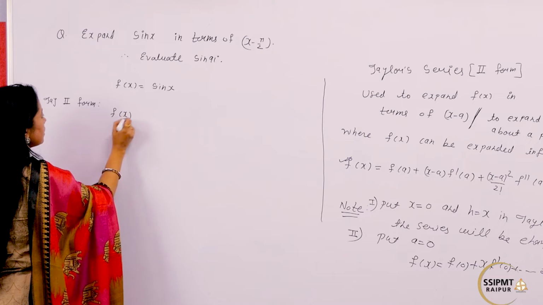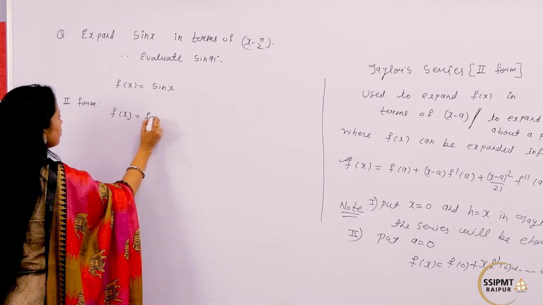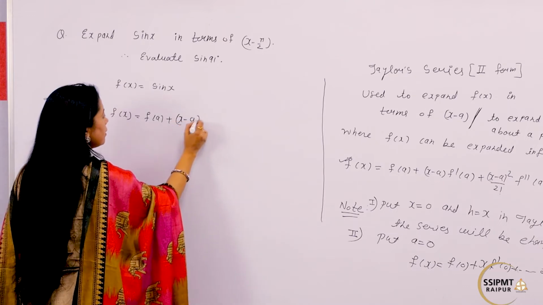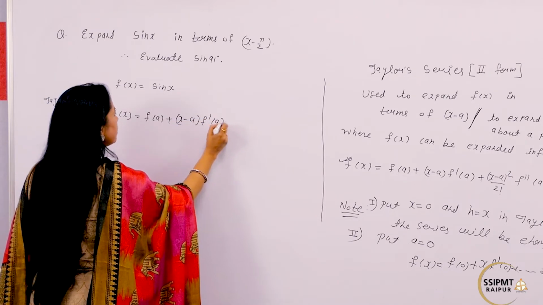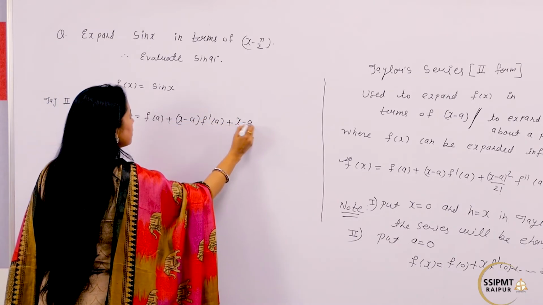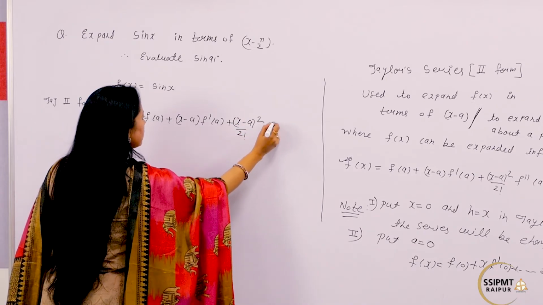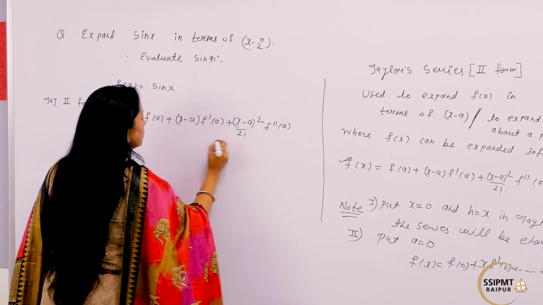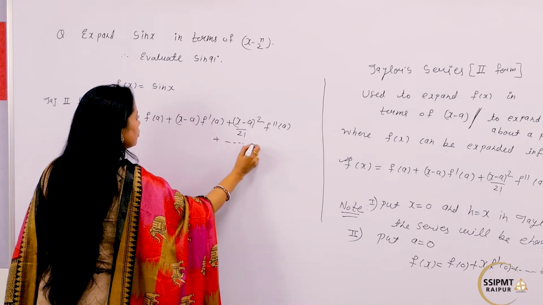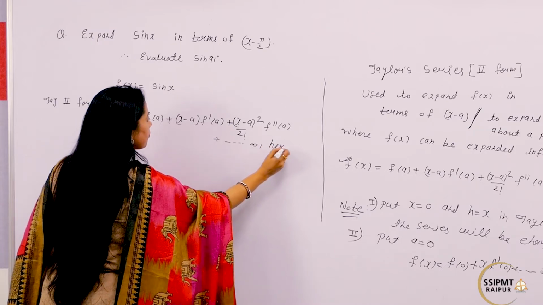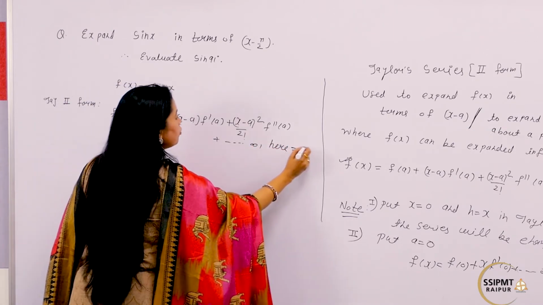We know Taylor's second form is f(x) is equal to f(a) plus x minus a f dash of a plus x minus a whole square by factorial 2 f double dash a and so on up to infinity. Here a is pi by 2.